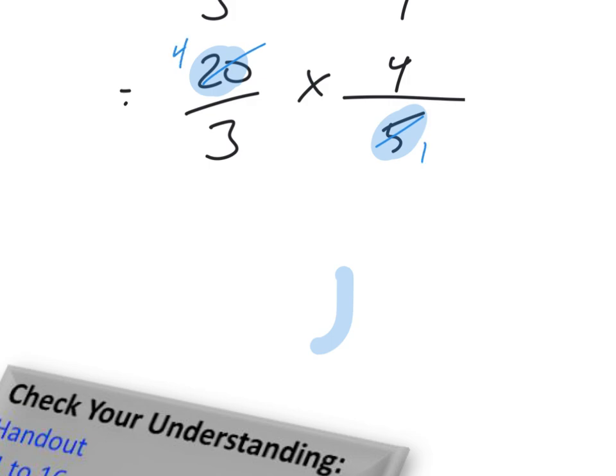Now, top times top, bottom times bottom, what do you get? 16 over 3. And what is that simplified? 5 and 1/3.